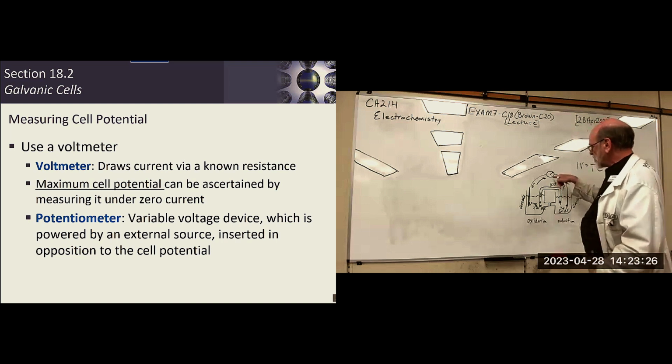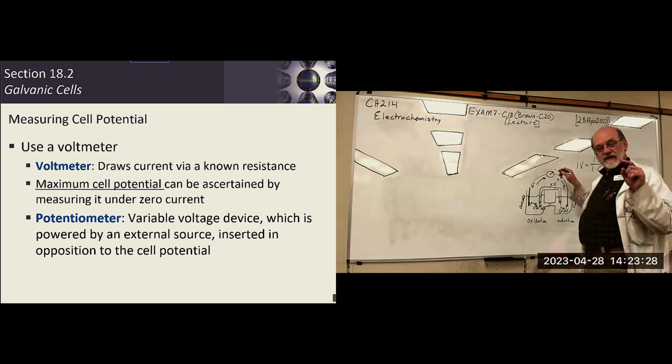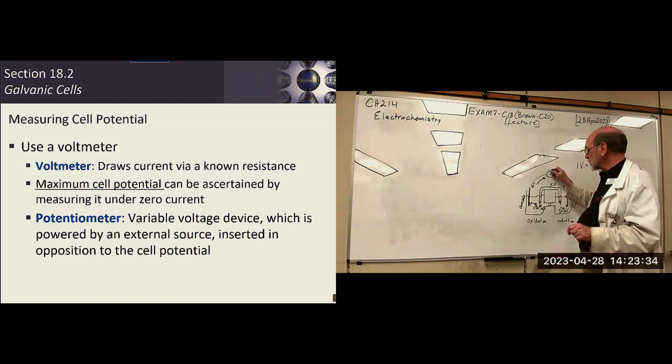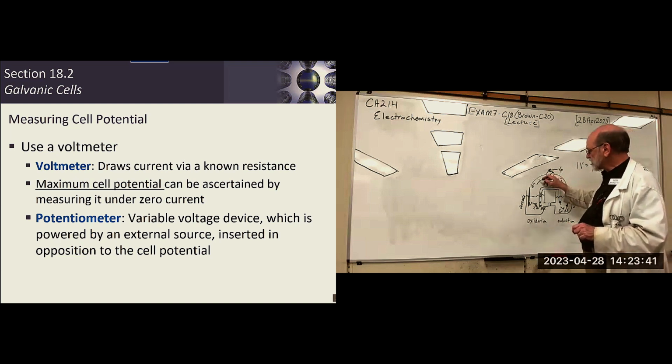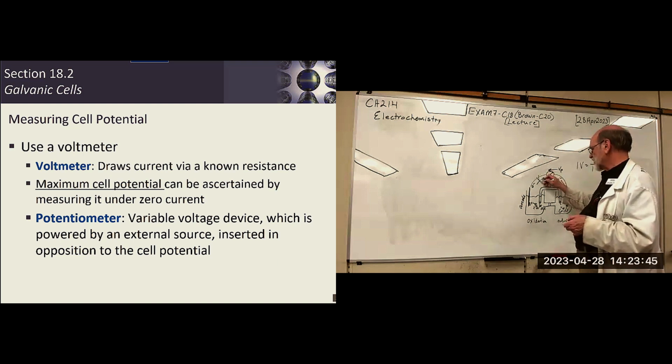If we have a potentiometer here, it applies a known voltage, a calibrated voltage in reverse. So this is the voltage of the potentiometer. This is the voltage of the circuit.